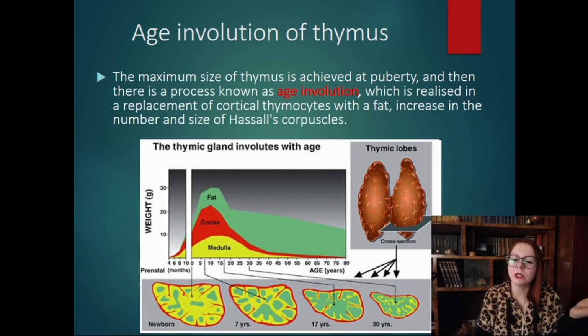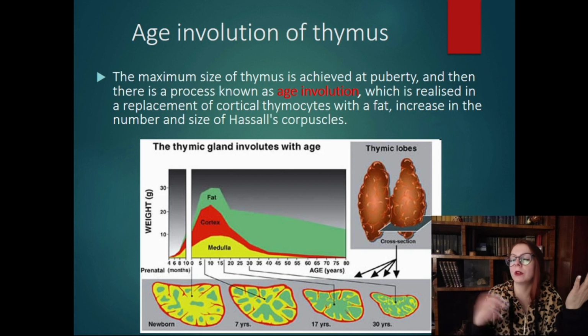Why does the thymus undergo age involution so early? That's because we investigate our outer environment very actively just after the birth. We contact thousands, millions of new antigens every day of our life. But at the age of puberty, it is considered that we are already familiar with almost all antigens. Something like our vocabulary.